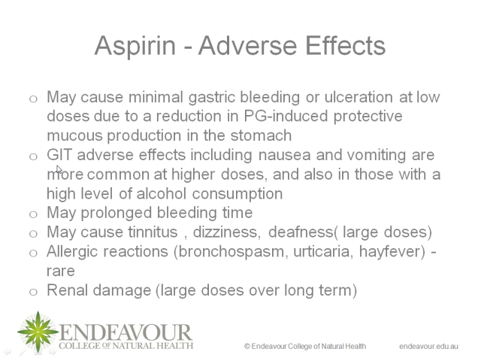So it has gastrointestinal tract effects, the nausea, the vomiting. These are usually at the higher doses. And of course, alcohol consumption at the same time can worsen these gastrointestinal effects.